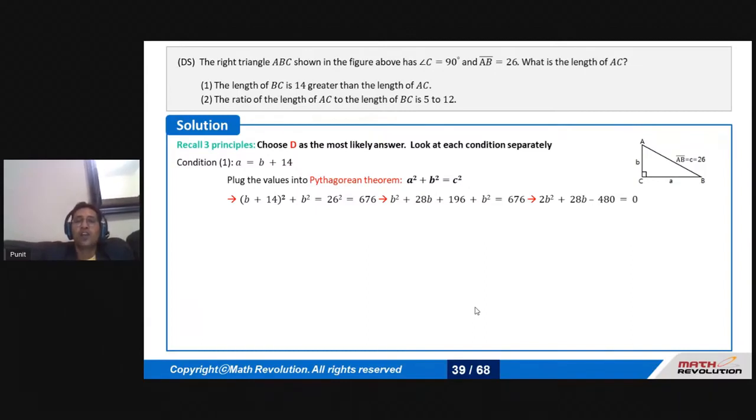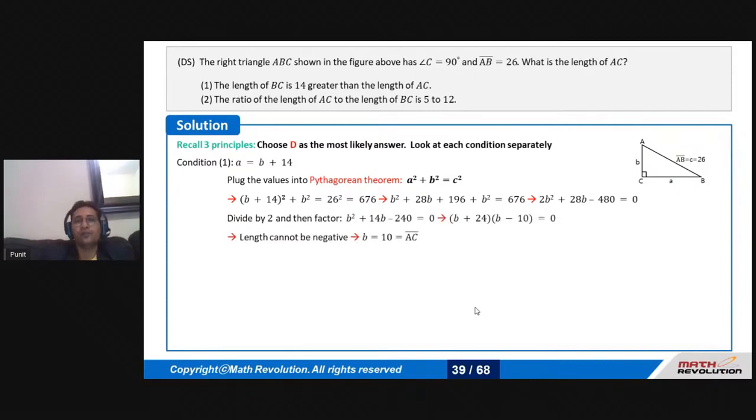We get (B plus 14) squared plus B squared equals 26 squared. Plugging in all the values and solving gets us to a quadratic equation at the end, solving which I get B equals 10. So this is a unique answer. So this condition is sufficient.